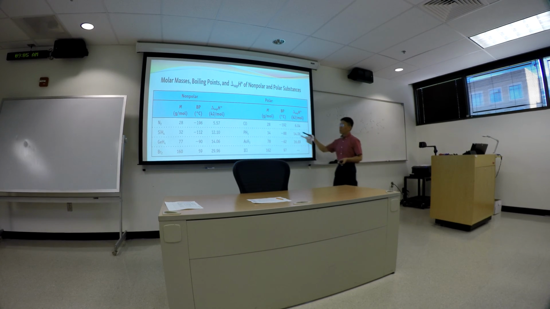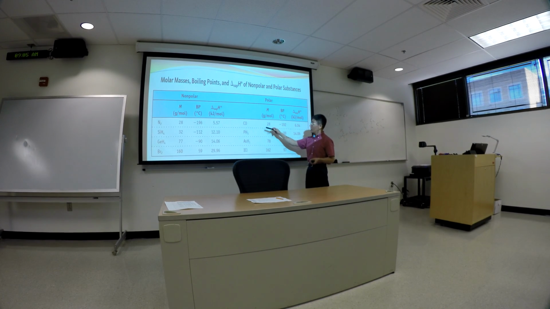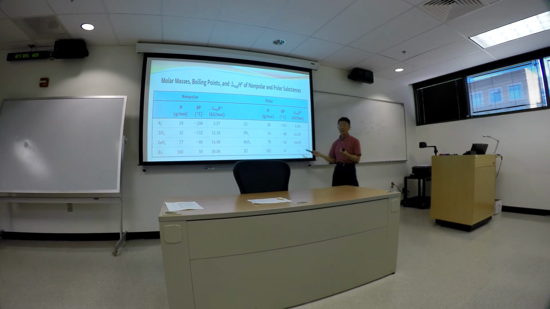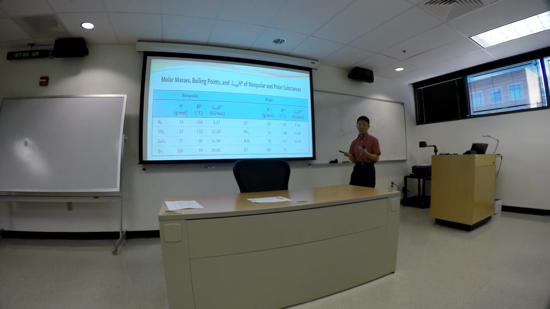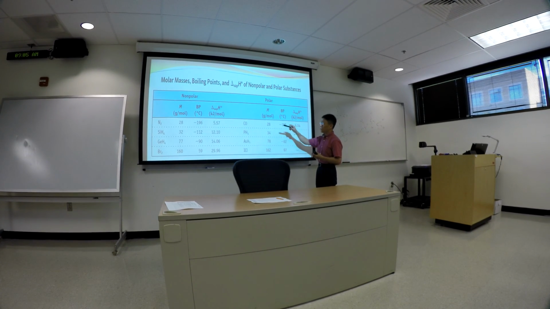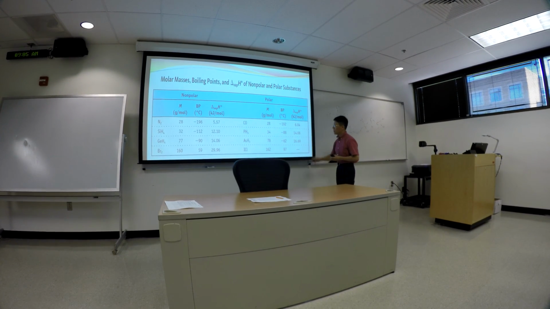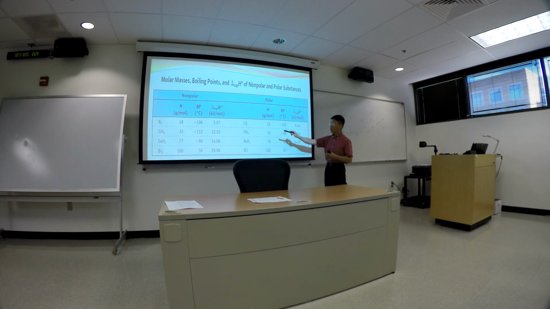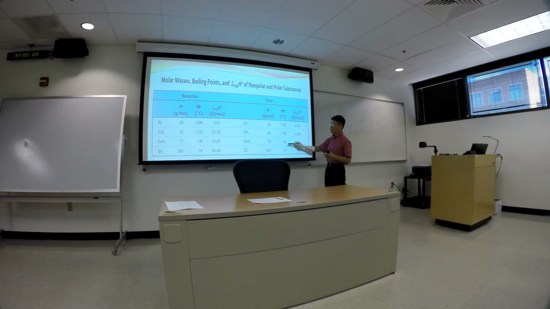So carbon monoxide and nitrogen, molar mass both are 28. Well, there's not a huge difference there, but negative 192 versus negative 196, that's a higher temperature. And as you can see, negative 88 versus negative 112, negative 62 versus negative 90, 97 versus 59.